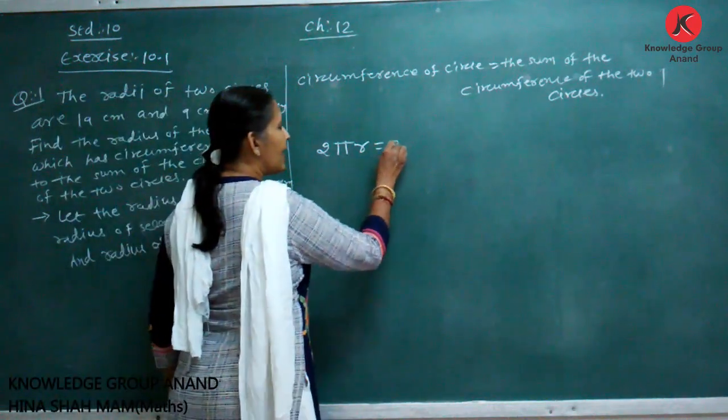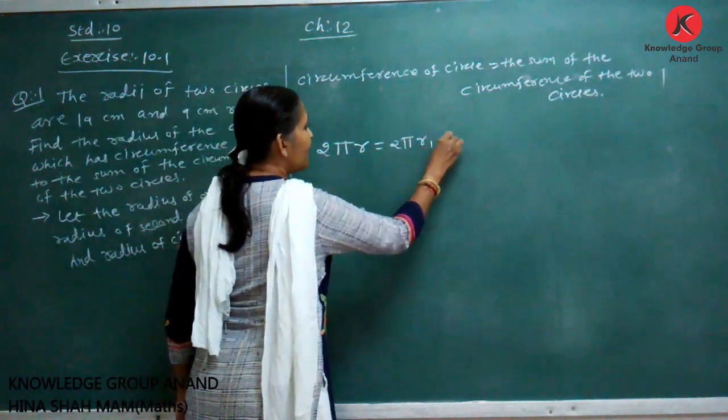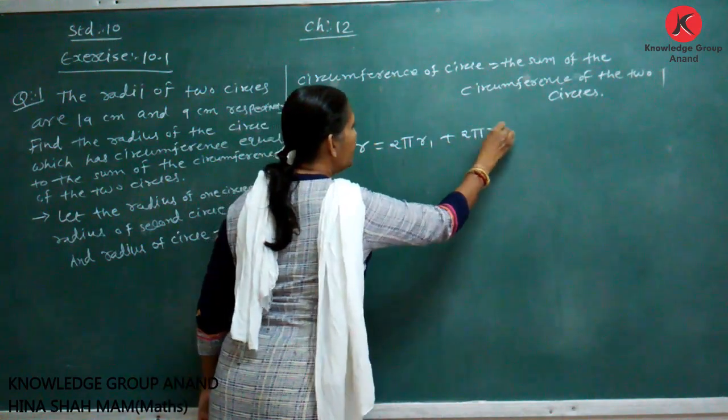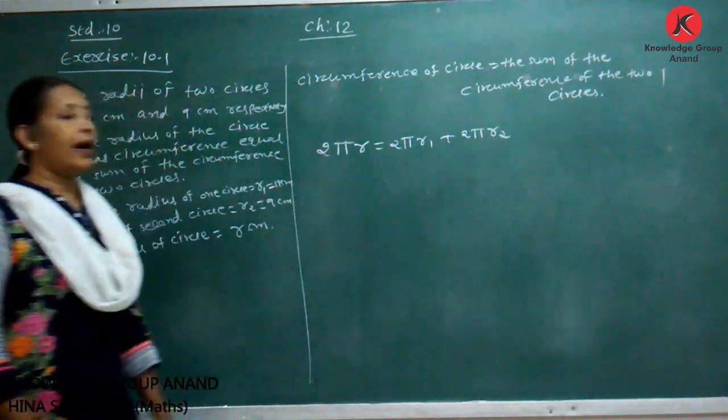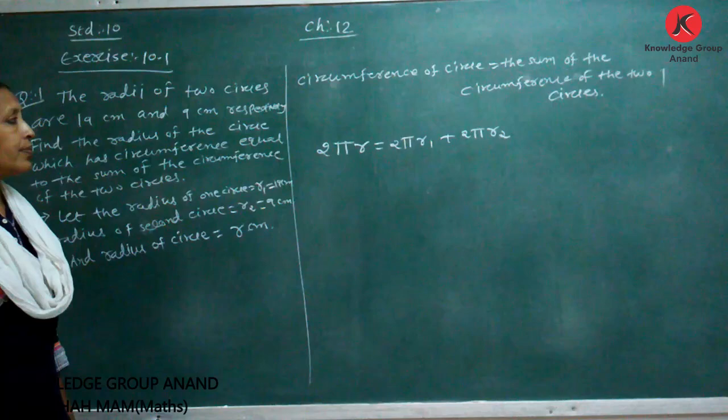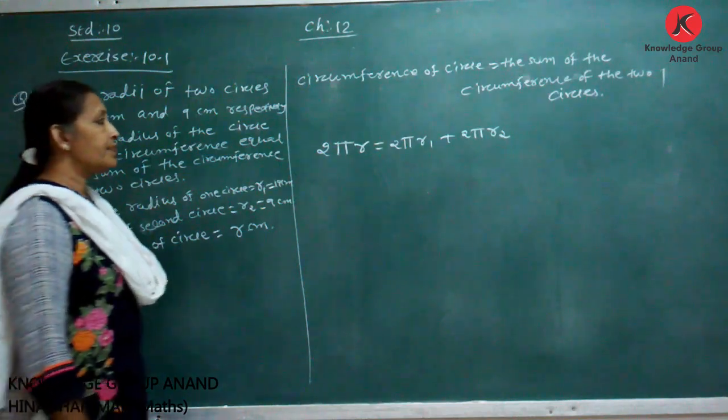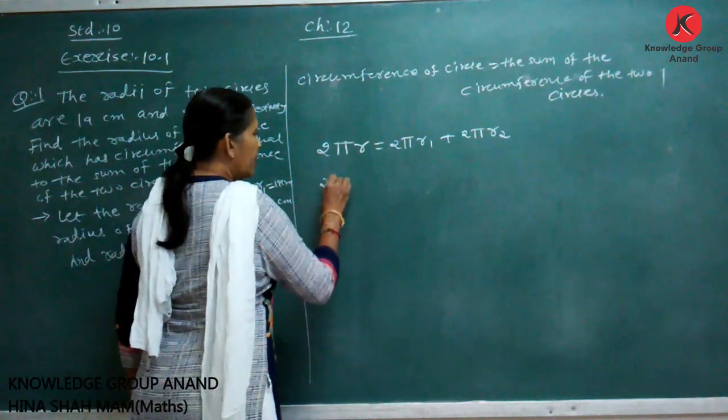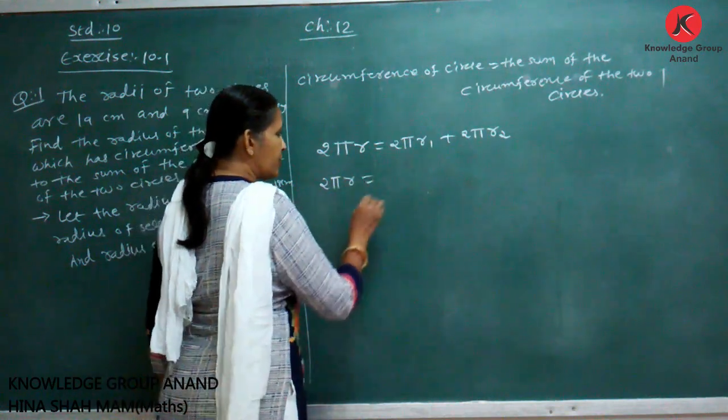So the sum of their circumferences is 2 pi r1 plus 2 pi r2.